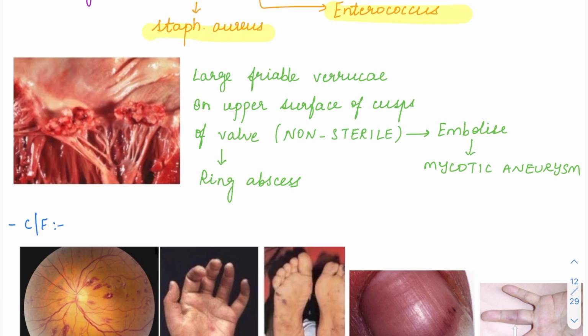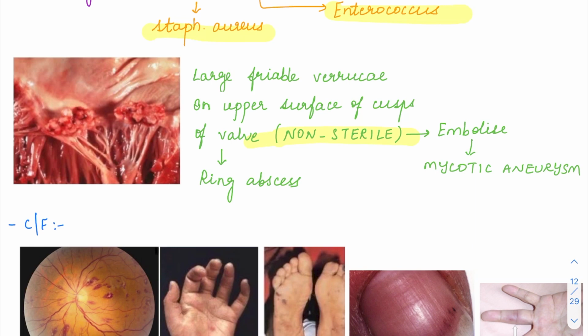The classical feature of endocarditis I already mentioned is the location of the verrucae. In infective endocarditis, it is going to be a large and friable kind of vegetation, and this is the only vegetation which is non-sterile because it is caused by infection, right? Since it's friable, it is going to break and embolize.